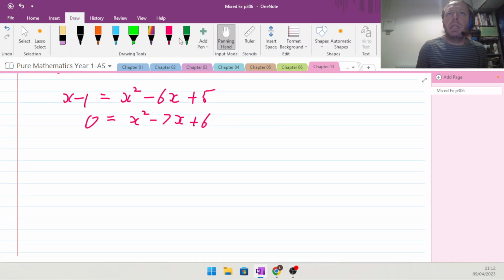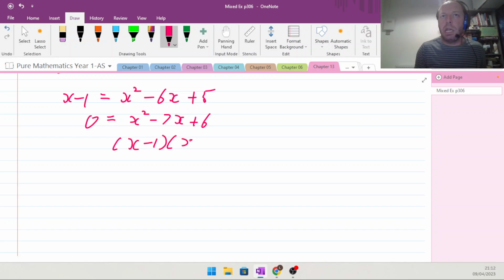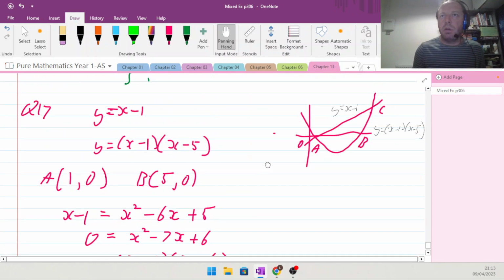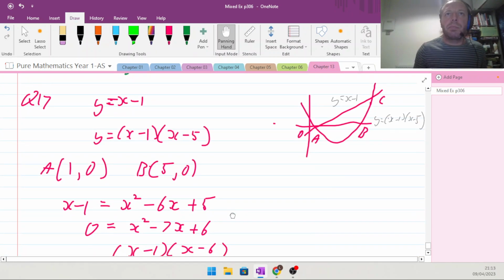Straightforward enough, I think, in terms of it being an x minus 1 and an x minus 6, meaning that the C coordinate will have x equals 6 as its x value. So we've got the 6 up there.